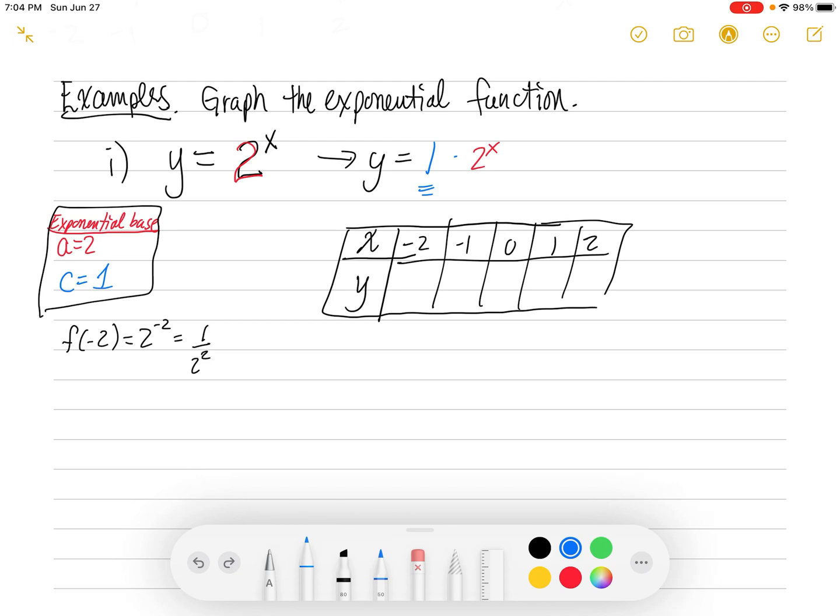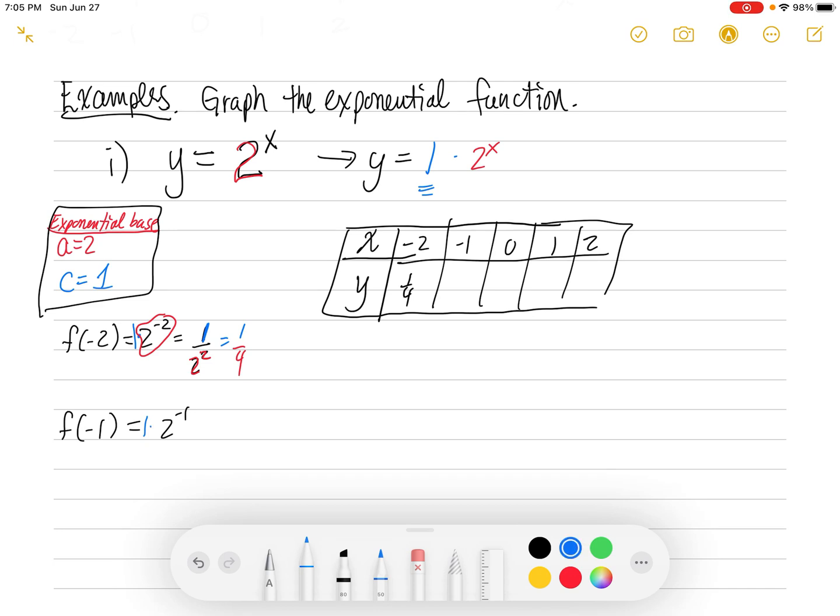Imagine out front you have a 1, so you leave the 1 on top. I'm going to take this part I'm circling here, 2 to the -2, to the bottom and make it 2 to the +2. You change the sign. That's the same thing as 1/4. Right, 2 squared is 4, so you get 1/4 when you plug in -2.